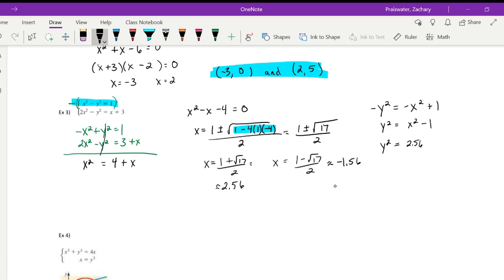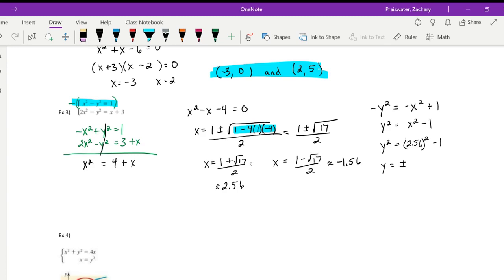So it's 2.56 squared and minus 1, which gives you y is plus or minus the square root of that.